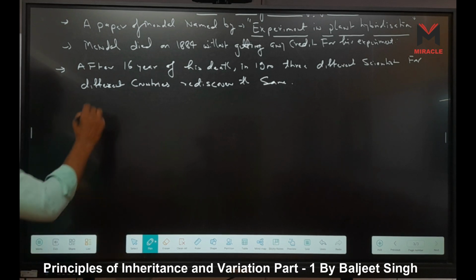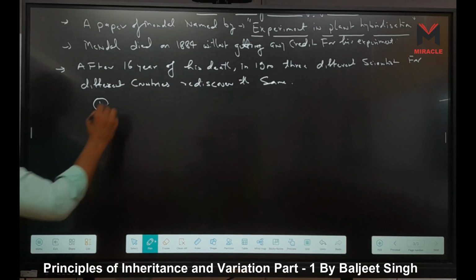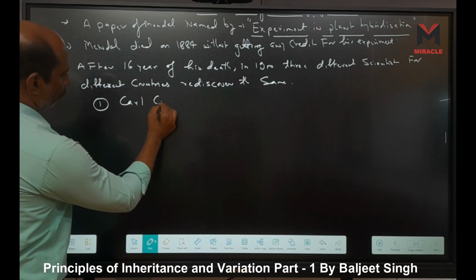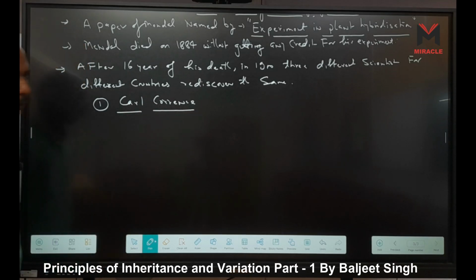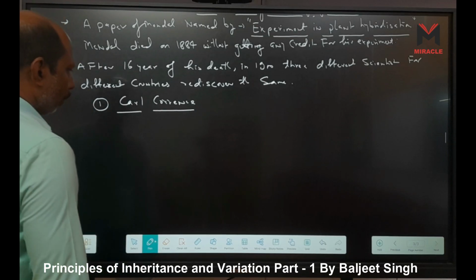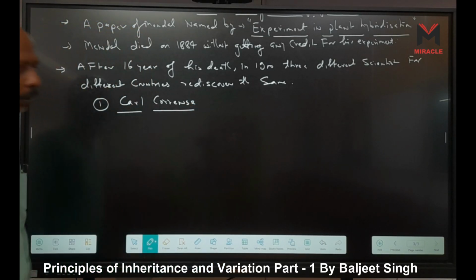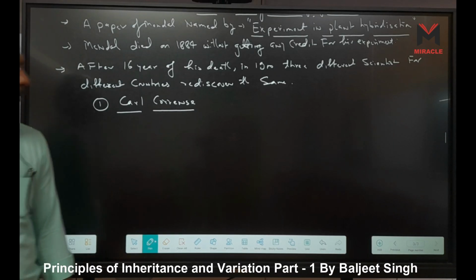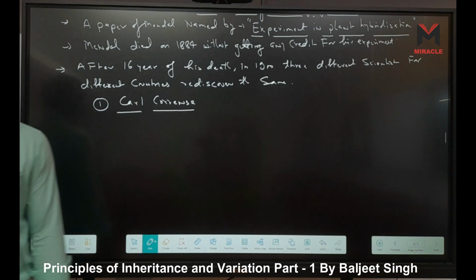And these three scientists are, first, Carl Correns, C-O-R-R-E-N-S.